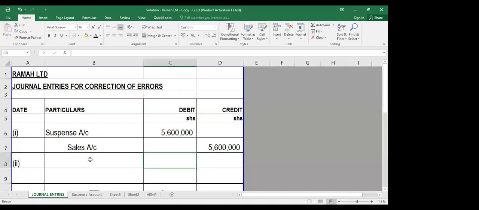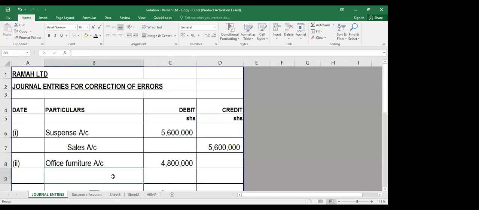So by correcting it, we shall just go to those respective accounts. It has nothing to do with our suspense account. So we shall debit office furniture as we are supposed to do in the first place. We shall debit office furniture account with 4.8.